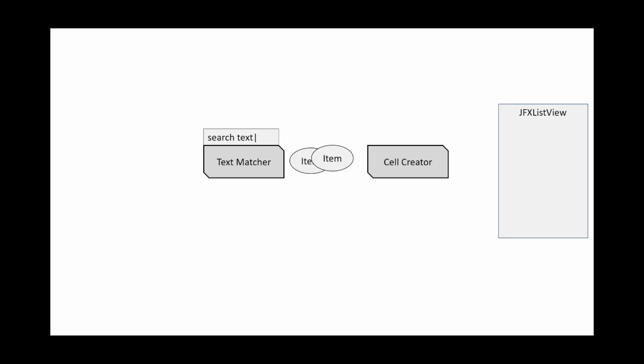The resulting items will be the ones that match your text, and those items will be passed through the cell creator, and those cells will be displayed on your list view.